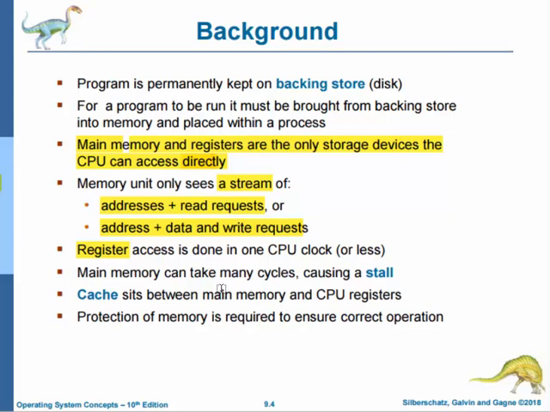The same cannot be said of the main memory because they are different. The main memory is accessed via a transaction on the memory bus. Completing a memory access can, in many cases, take many cycles of the CPU clock.